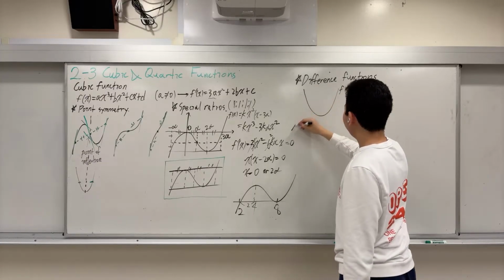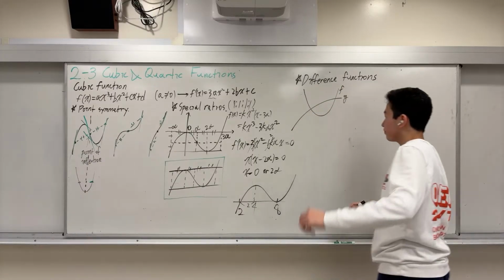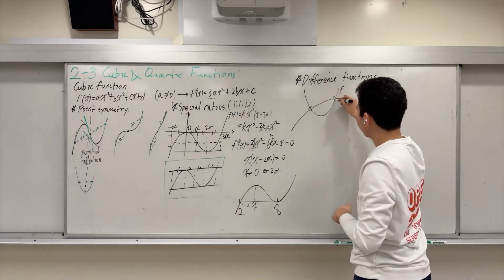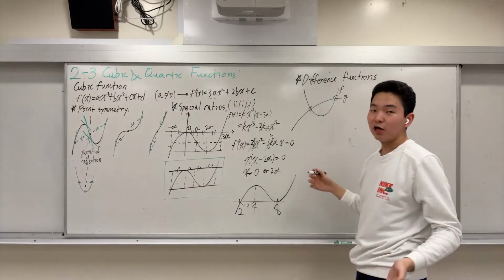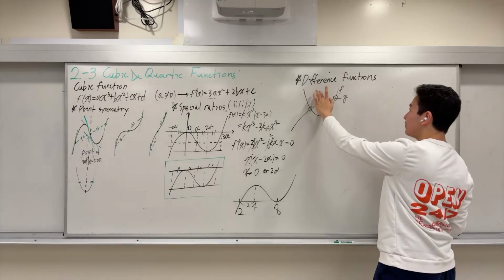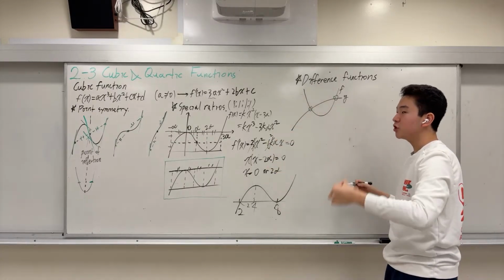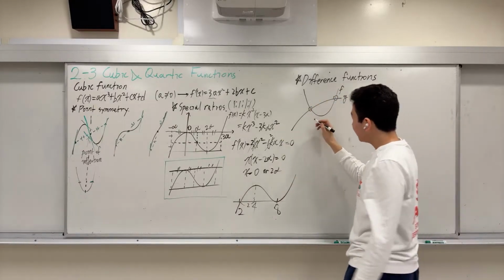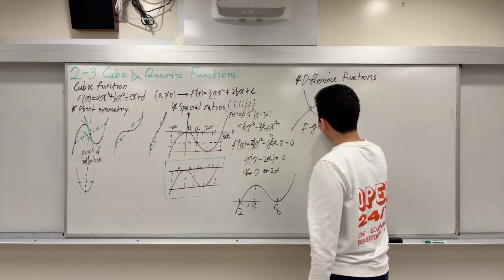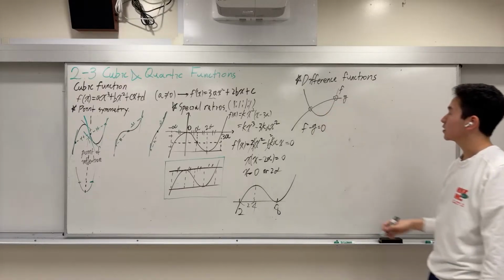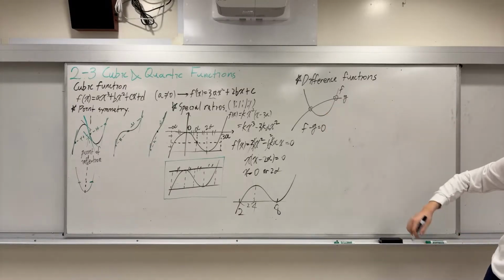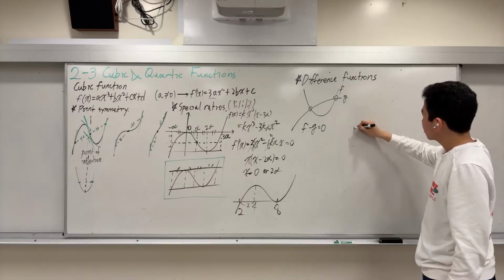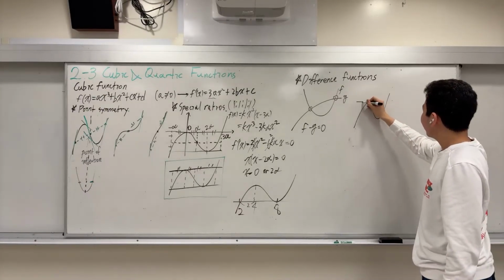If this function is f and that function is g, when you're trying to analyze these intersections, what do you do in algebra, right? You set them equal to each other, f equals g, but once you actually solve it, you put everything to one side, f minus g equals 0, and then you solve for the intersections.